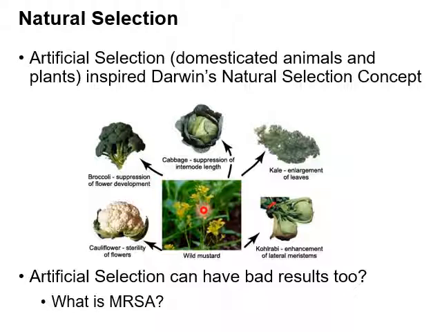So artificial selection can also have very, very negative effects. An example of this is what's known as MRSA. MRSA is what's known as a superbug. And I'll write in for you what it stands for.